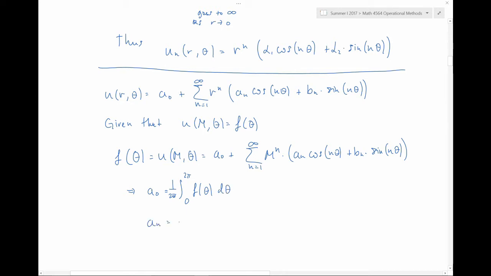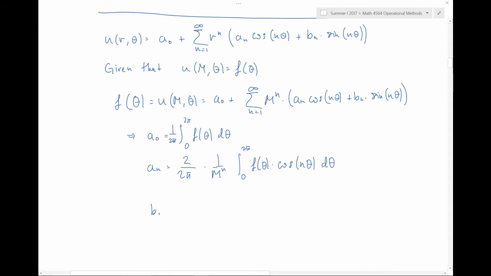An is 2 over L, and L here is 2 pi, so it's 2 over 2 pi, but we also need to divide by m to the power n, times the integral from 0 to 2 pi of f of theta times cosine of n theta d theta.